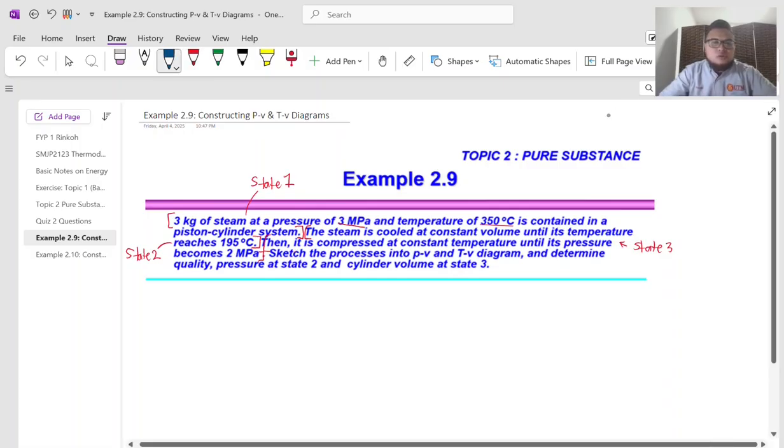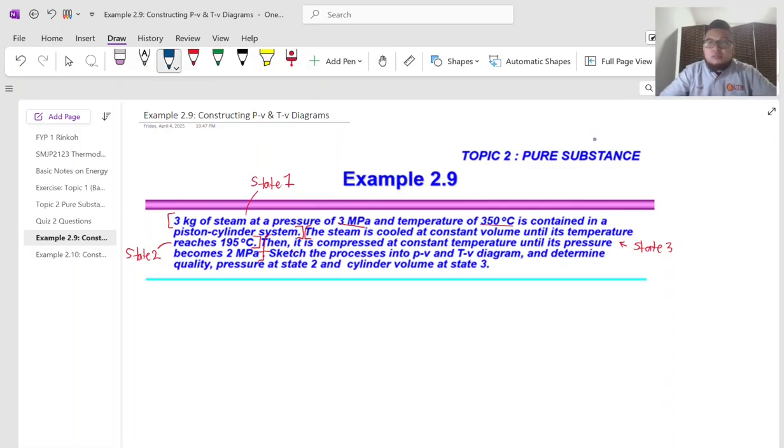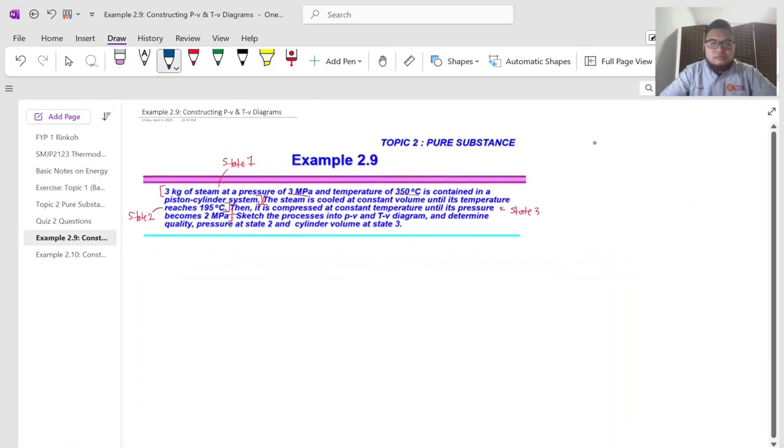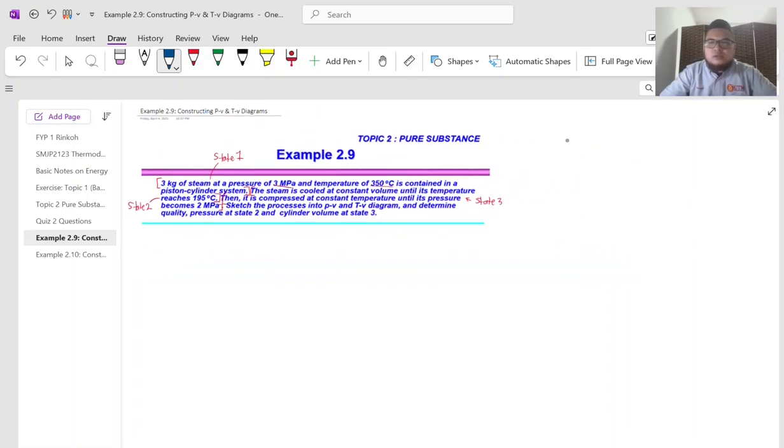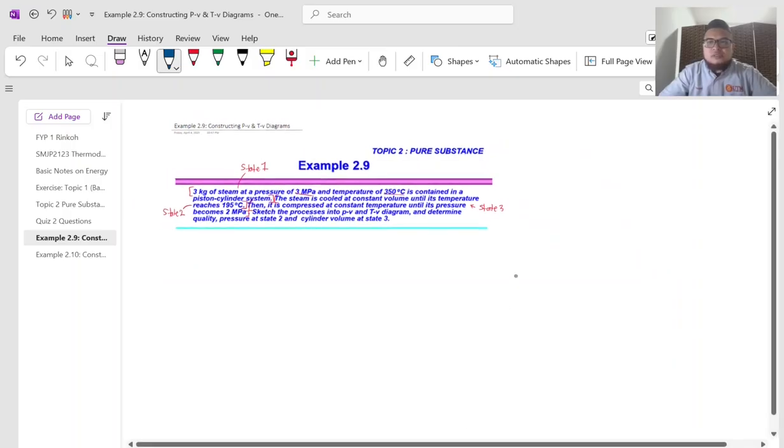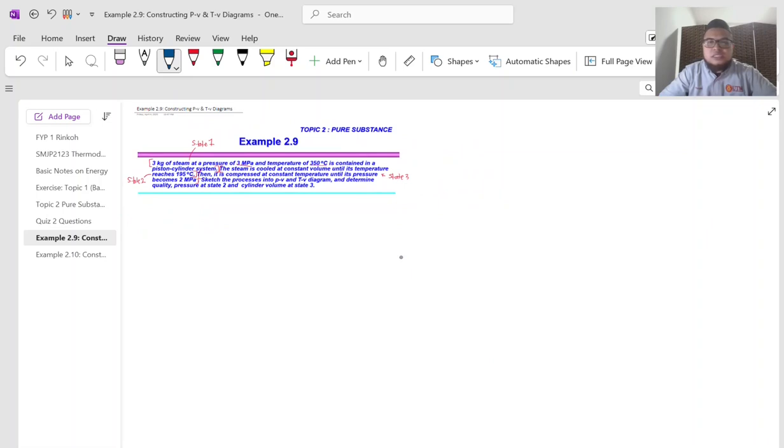So what I'm going to do now is sketch my PV diagram and my TV diagram, but I'm not going to complete the sketch until I finish the exercise. Just a preliminary sketch. Let me put the axes first. This is for the PV diagram. Let's hope this is big enough.